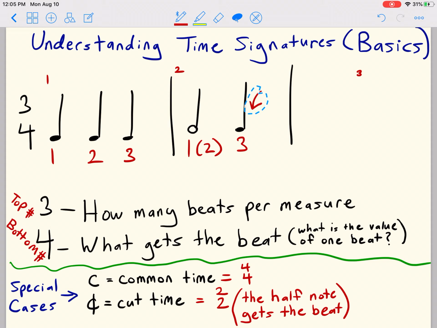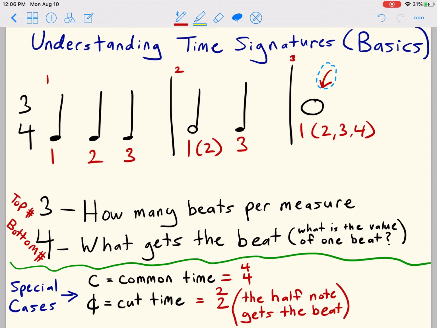So we can have any combination of rhythms, but one thing we cannot have, for example, is a whole note. And the reason being, a whole note has how many beats? Well, let's review. It has 4 beats. But since we are in 3/4 time, there can only be 3 beats in each measure. So that 4 shows us that a whole note is too big.